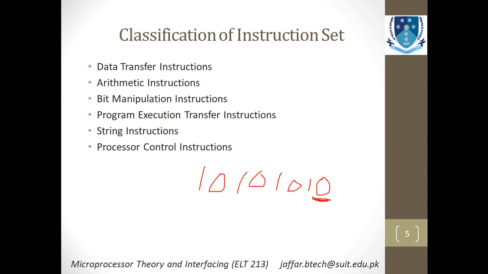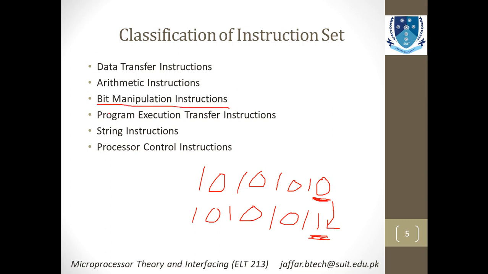Manipulate means toggling, so you can do 1 0 1 0 1 0 1 1, and the last bit has changed. The instruction used to carry out this process is termed a bit manipulation instruction.